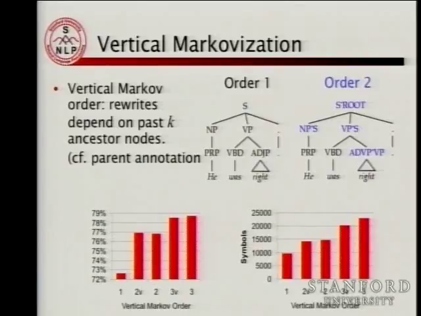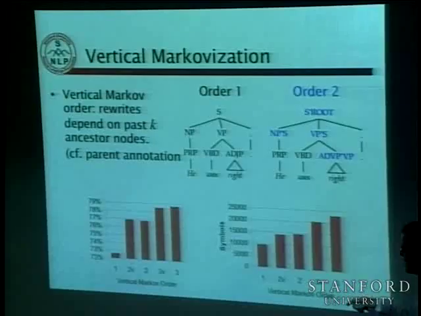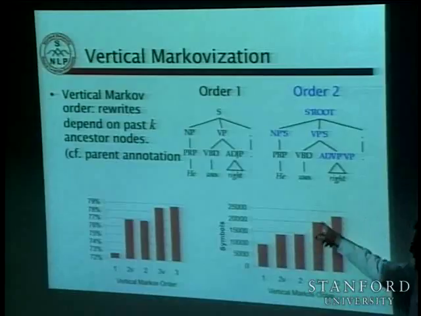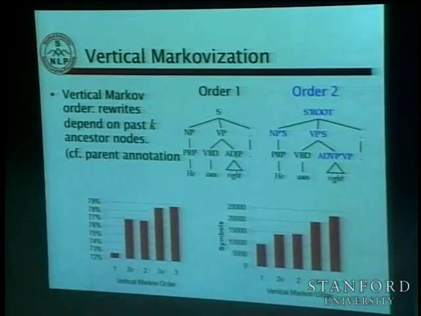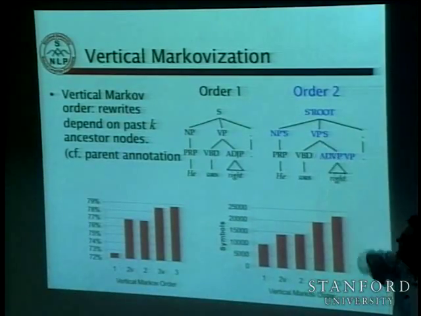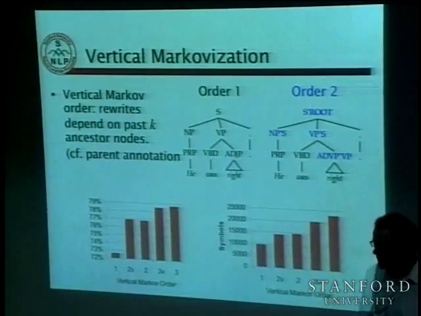And that suggests, well, maybe we could say, I want to know the parent category and the grandparent category. That's a second order vertical Markovization. Or what if I want to know the great-grandparent category as well, and then I can go to a third order vertical Markovization. And as you do that, the size of your grammar increases because you've got categories like this, VP under S rather than just VP.